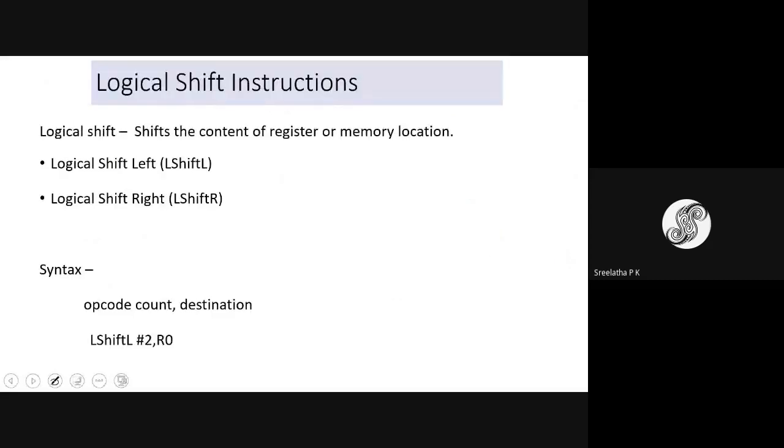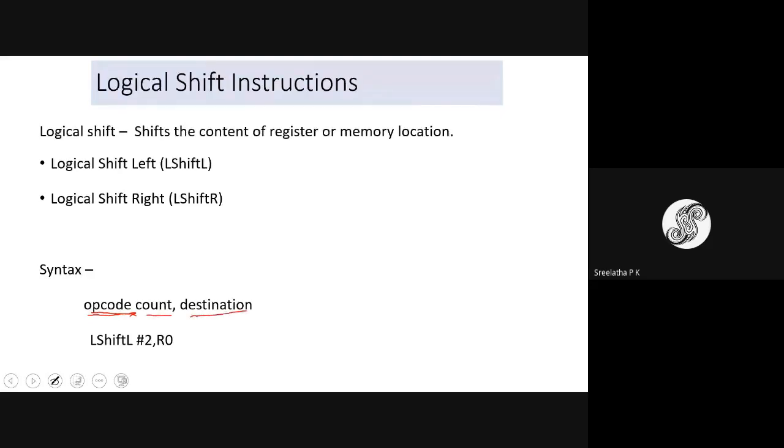As I told in the class, shift means the bits of the register, or the bits of that particular location, are shifted by 1 bit. Also, if we are using the shift instruction, the syntax is count, comma, destination.